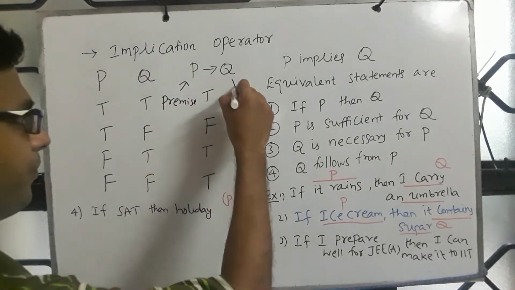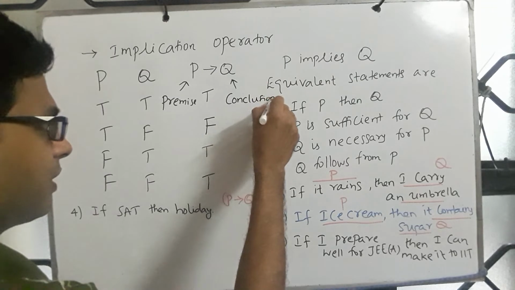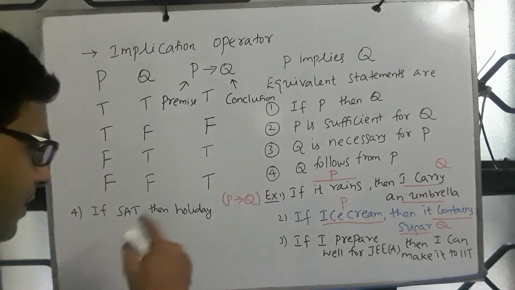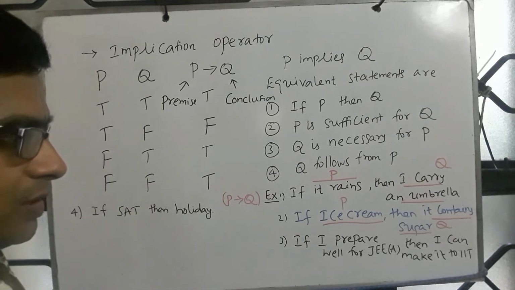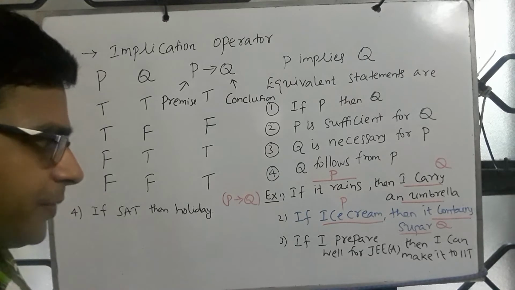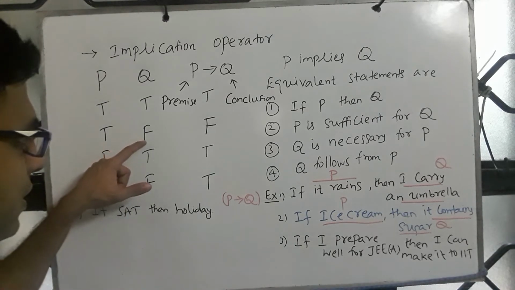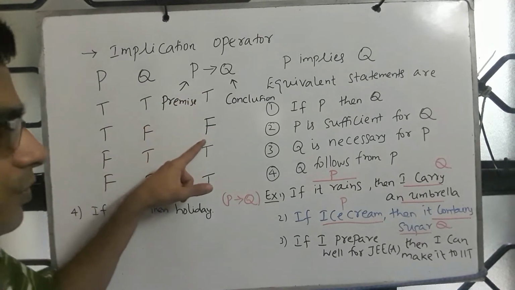Premise is true. This one is called conclusion. Conclusion is false. Which means the statement we made or the circular that was given to us stands invalid or not respected. Which is why when premise is true and conclusion is false, the truth value of the statement P imply Q is false.